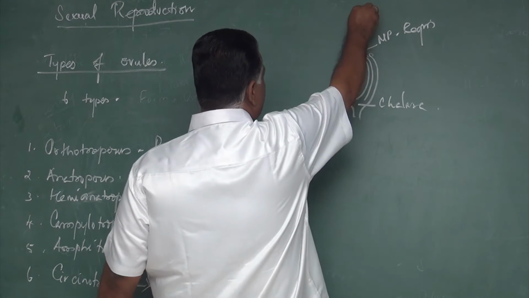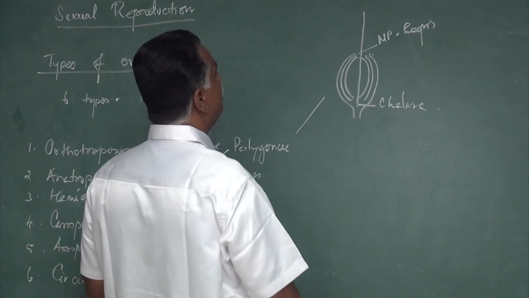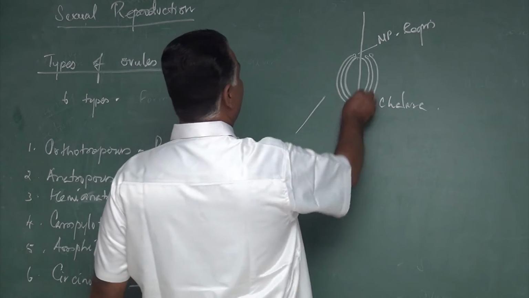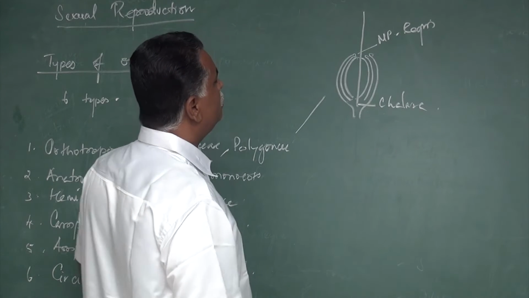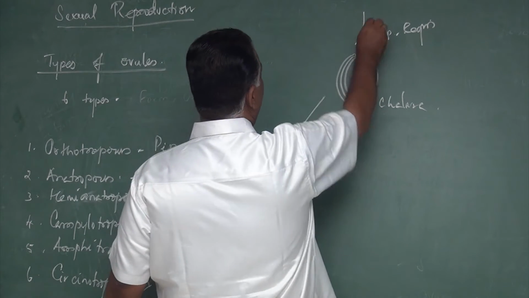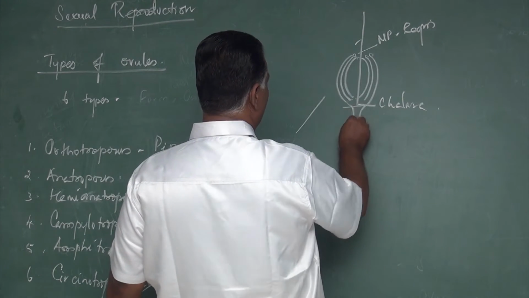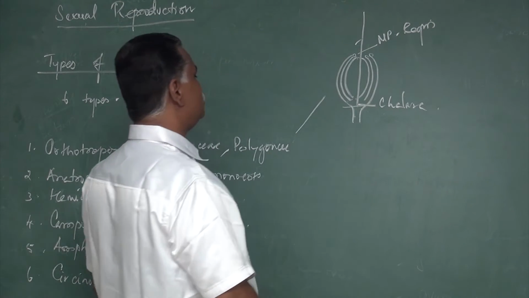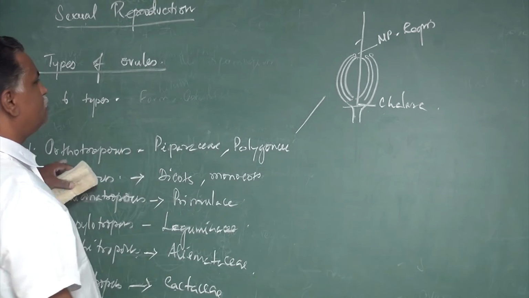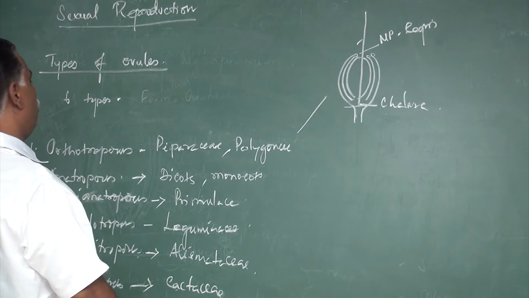The micropylar region and chalazal region are lying in a straight line. The micropylar region is at the top and the chalazal region is at the bottom. At the bottom, the funicle is attached. This is called an orthotropous ovule.